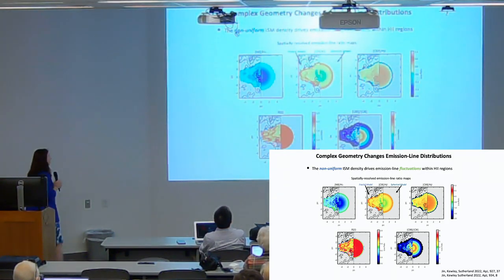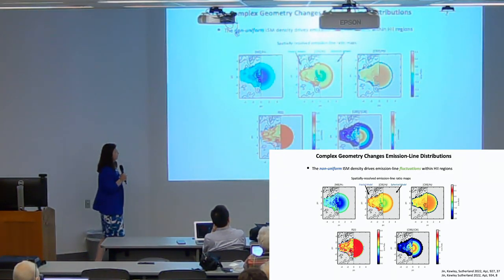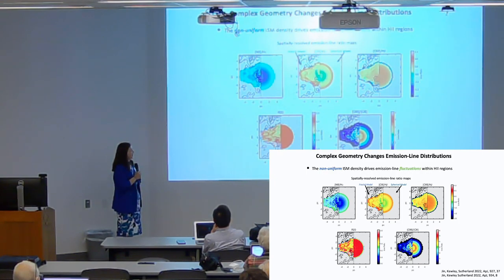And then the complex geometry changes the emission line distributions, and it actually drives fluctuations. So on the right-hand side of these panels is the original spherical model for those H2 regions, and on the left is our fractal geometry. So we're doing fractal geometry.